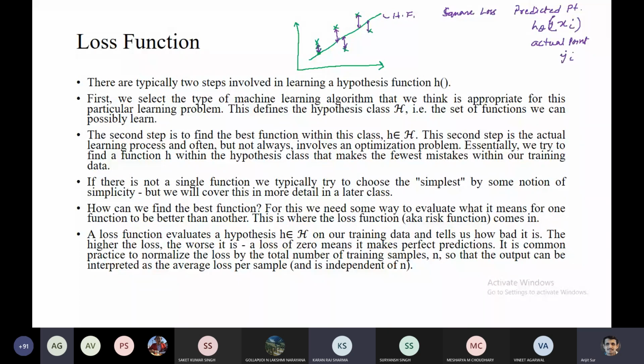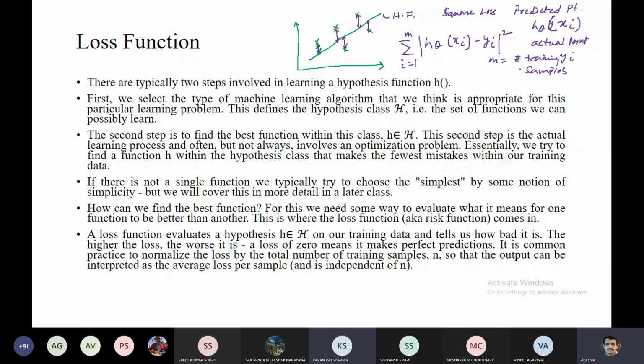So what is the difference? h theta x i minus y i. Take the algebraic sum and we take the square of this, and we sum up from i equal to 1 to m, where m is the number of training samples. Okay, so that was our thing.